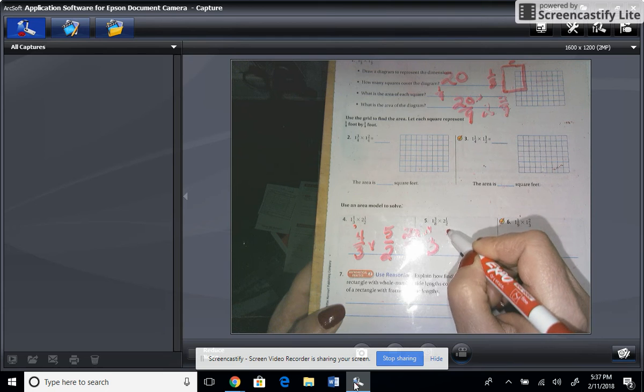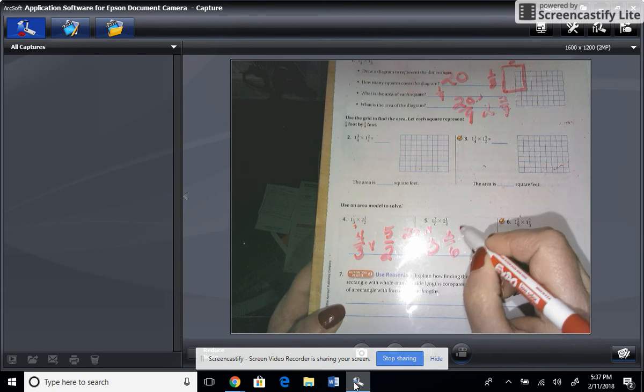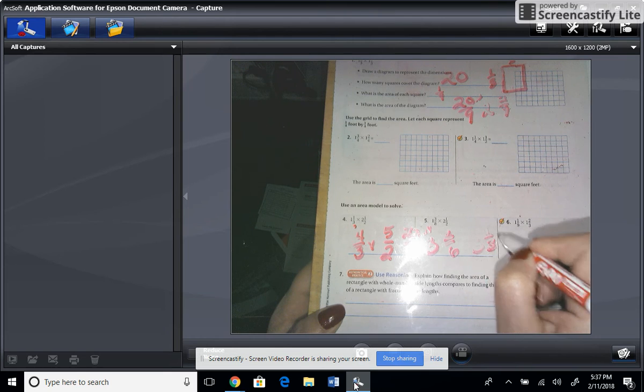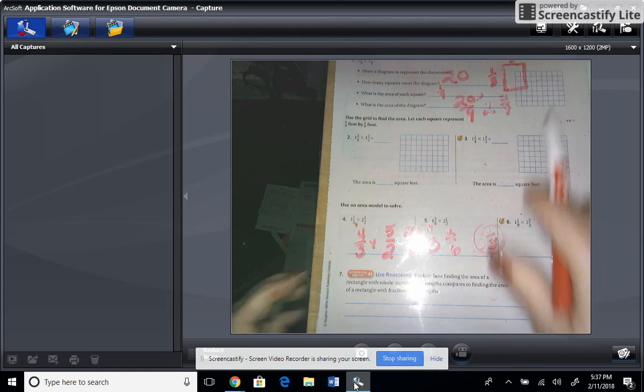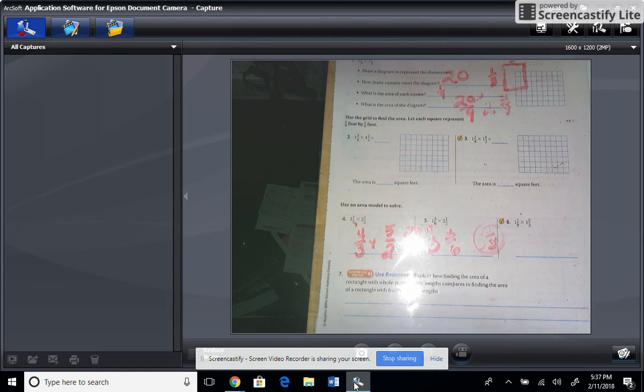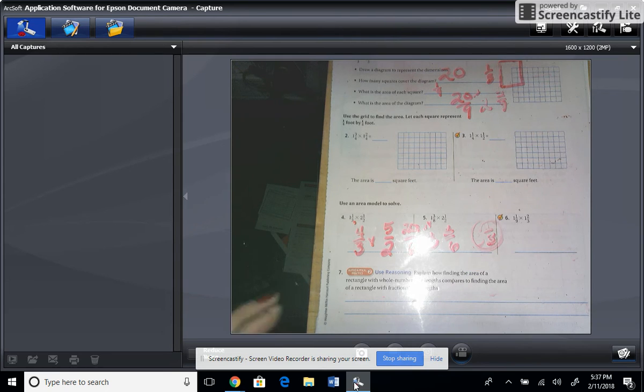I just think this way is easier than doing all this. You decide. Maybe this way is easier. Maybe this makes more sense to you. Whatever way works for you, I want you to practice it and show me how you're practicing it. So you and your partner work on these two. Use the area model to figure it out there. Here, do whatever works best for you. And then I want you to skip this page and go on to your homework here.